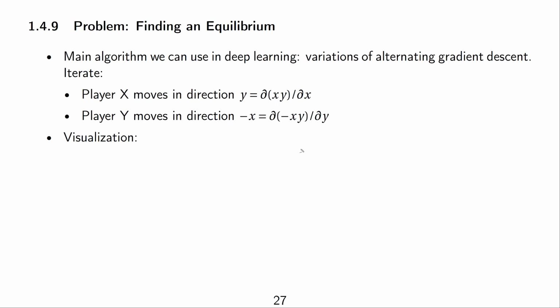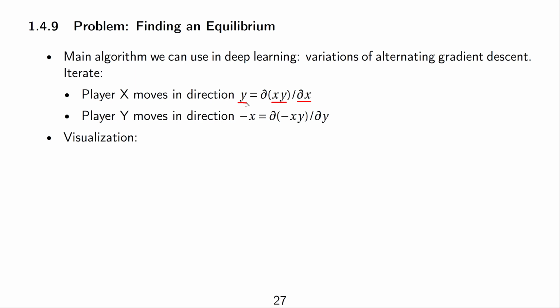So looking at the objective function of player X, the objective function is X times Y. So the player wants this to be as large as possible, and then the variable that the player can control is X. So we compute the partial derivative of that, and that is Y. That means the player X always moves in the y direction.